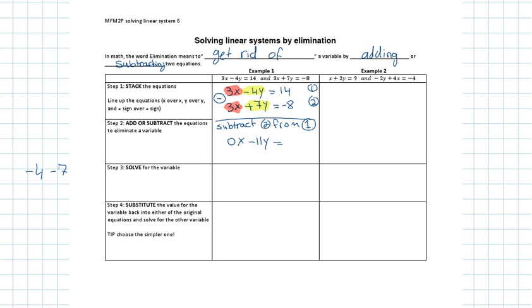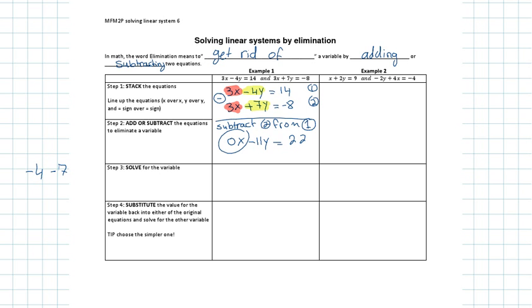So you get 22. Do I have to write 0x? Is that something that I have to write? No, it's a 0. It doesn't make any difference, right? So technically, I do not have to write this 0x. Okay? So what I have here, I have negative 11y equals 22. Right?